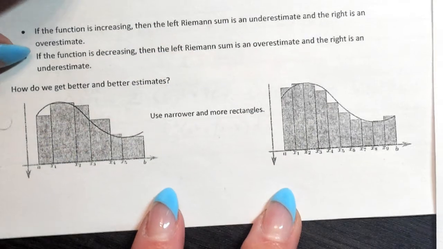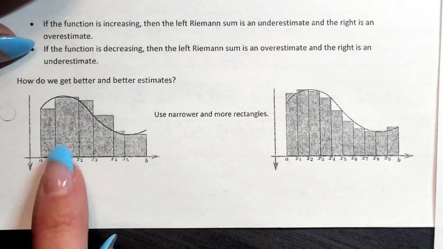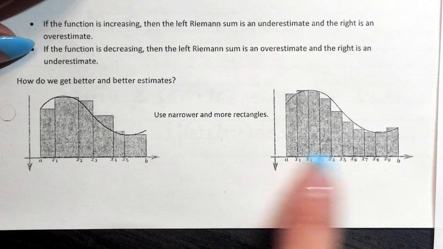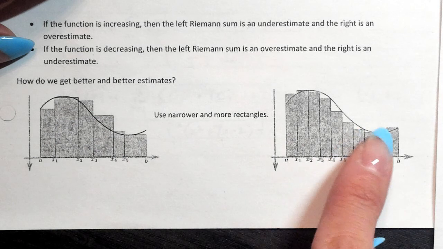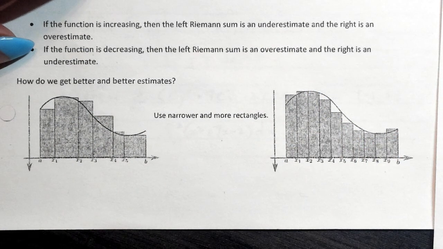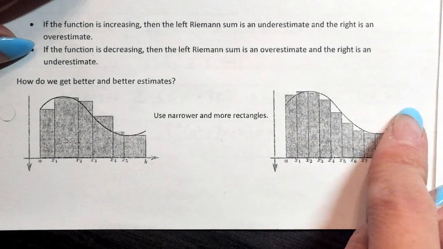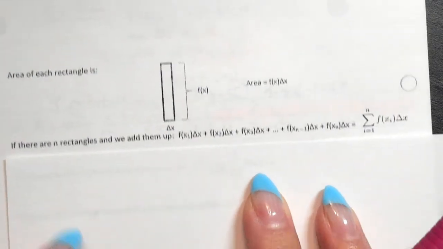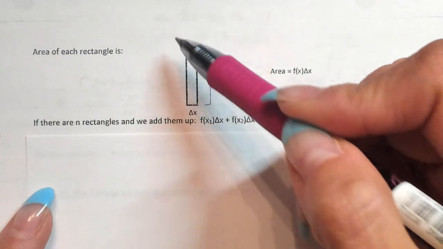So you can see for these two down here, obviously narrower rectangles are going to give you more rectangles, and it's going to give you a better idea of the actual area under the curve, between the curve and the x-axis, okay?